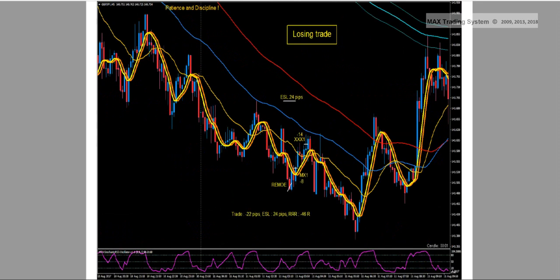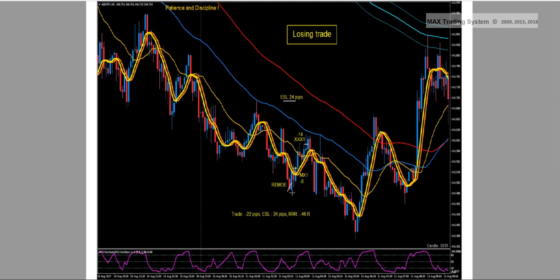What is important to understand also is we don't have a 100% winning rate. Of course, we have a 70-75% winning rate, and this means that we have not necessarily 25 to 30% losing trades; we also have break-even trades. But when we have a losing trade, it is always a small loss. This is a typical example of a losing trade.